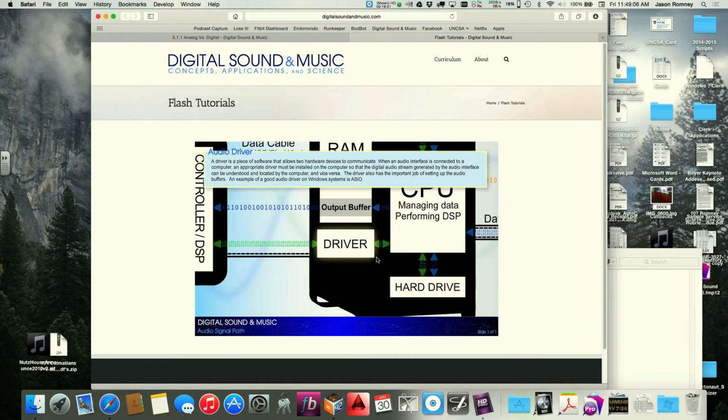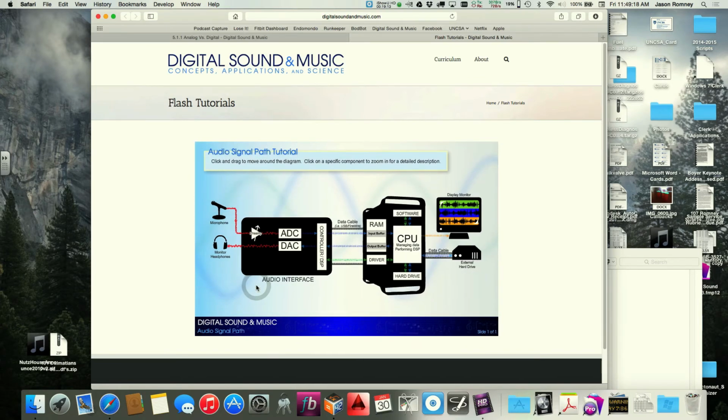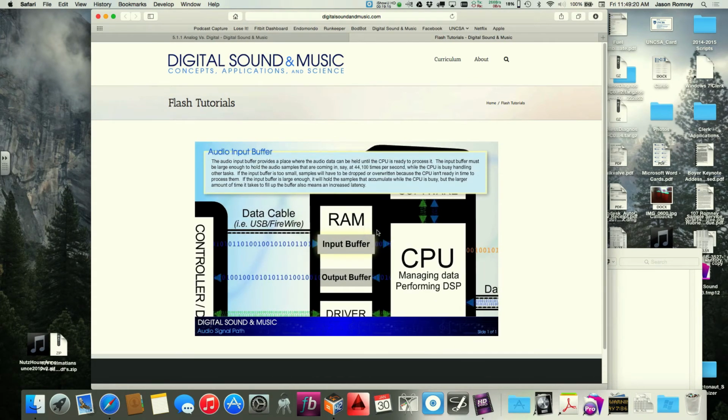So assuming that that's all been negotiated, you've got the driver installed, and now the computer knows how to talk to your interface, and everything's hunky-dory, the data's coming in, and there's no major problems. Your audio that's coming in off your microphone is going to go straight to RAM. It's going to come in off of your USB or whatever, and the driver is going to direct it to RAM. And there's going to be created in RAM what's called a buffer.